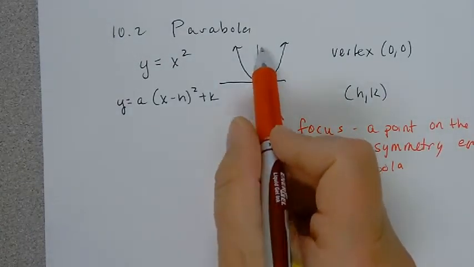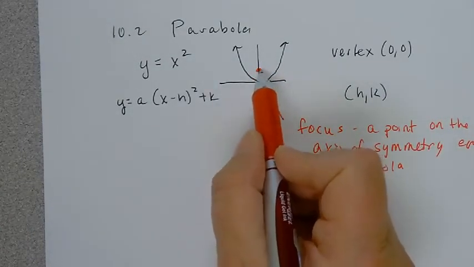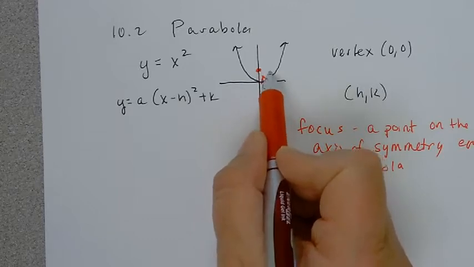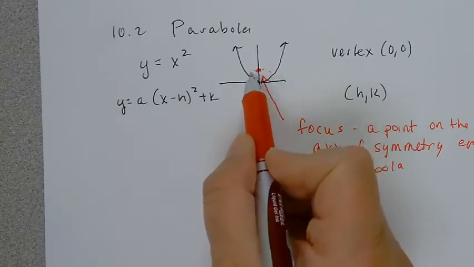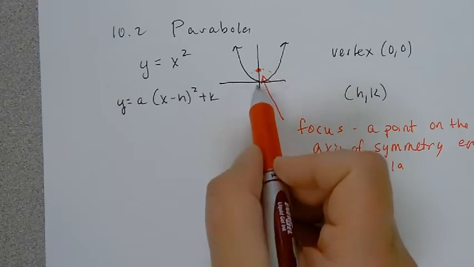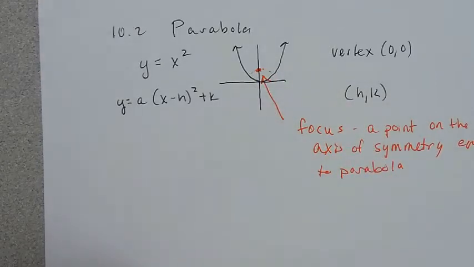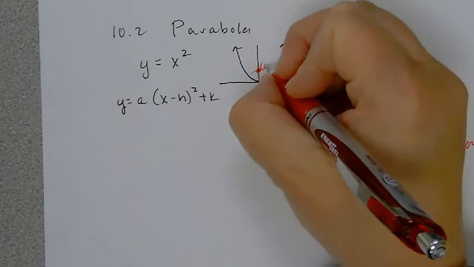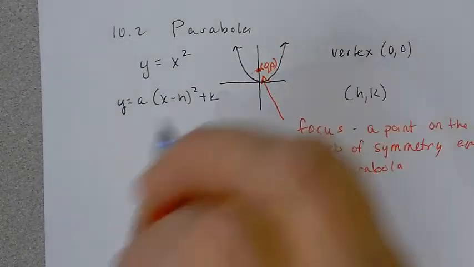It's on the axis of symmetry. If you drew a line to the parabola here, the point on the other side, it would be equidistant. So all along that line, there is a point that is called the focus point. So we are going to label that point (0, p).